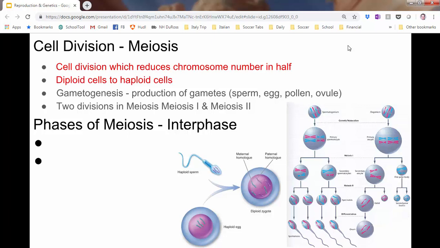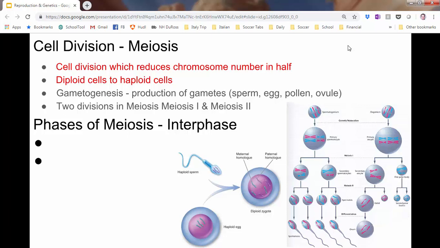Diploid means that the chromosomes are found in pairs. So in humans, we would say the diploid number is 46. Meiosis takes diploid cells and produces haploid cells that have 23 chromosomes, just one from each pair.